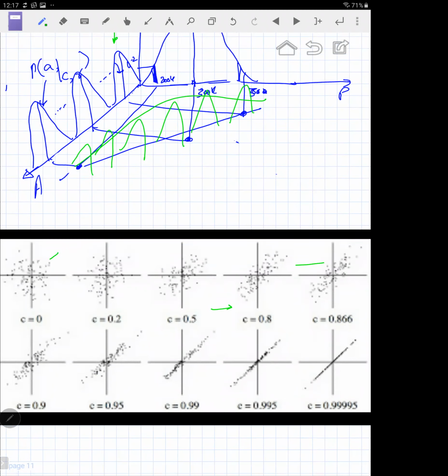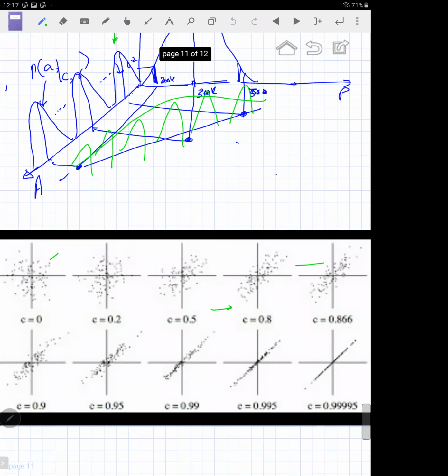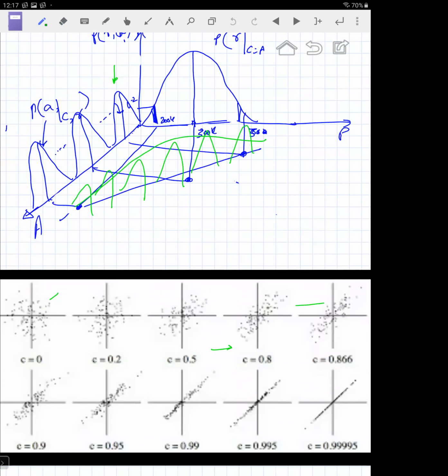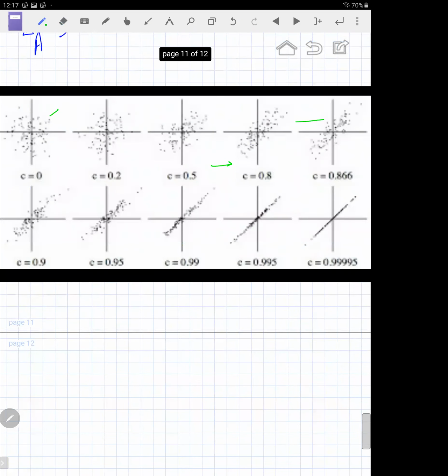Right? Actually, not really. Let me see how I can explain this. Let's take the extreme example. Let's say the age is completely determinable by the price.